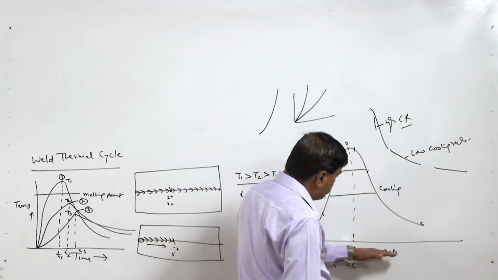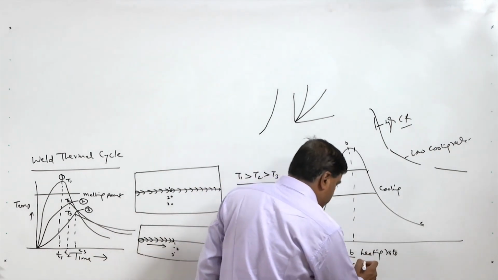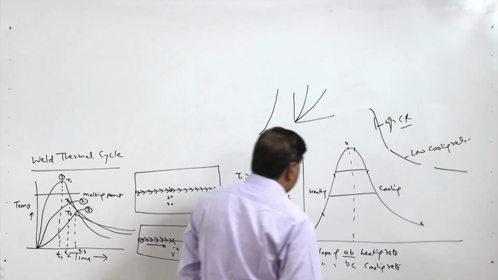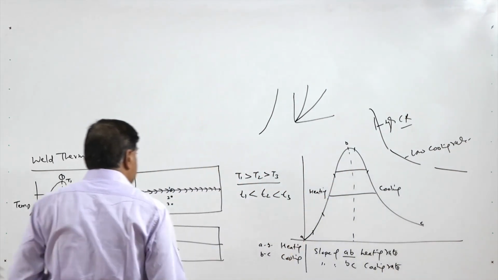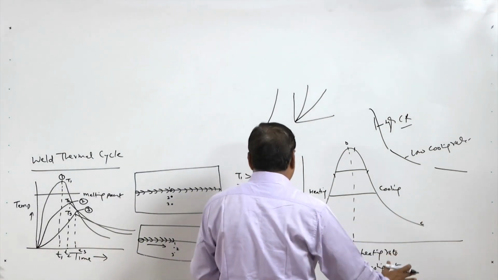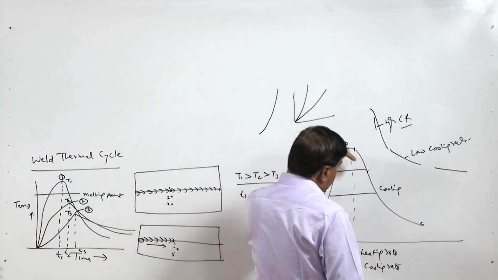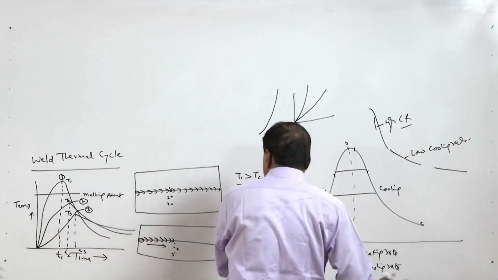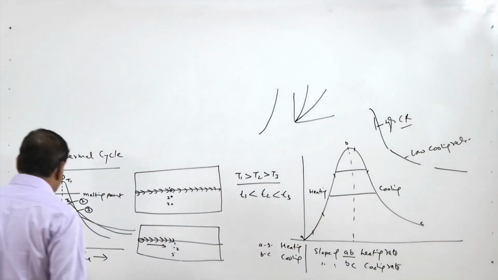Slope of AB shows the heating rate and slope of BC shows the cooling rate. So this is the typical weld thermal cycle, and this kind of pattern is found for each point.